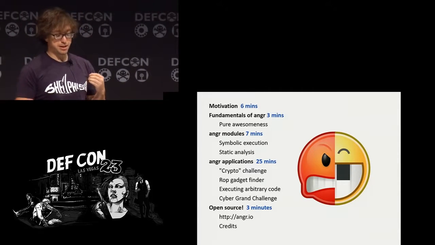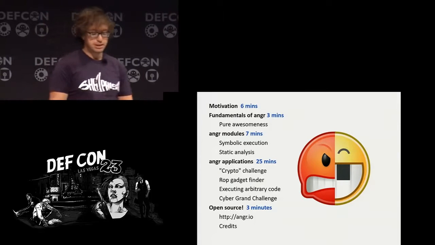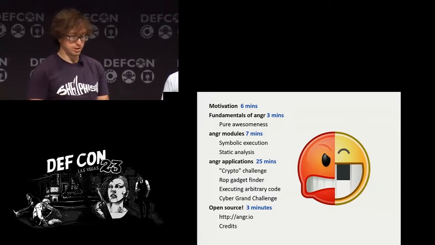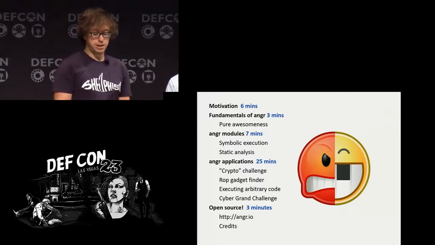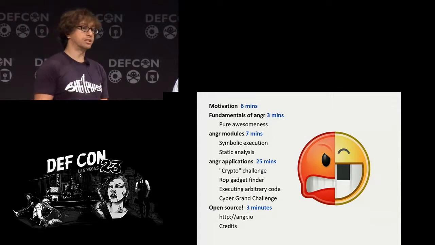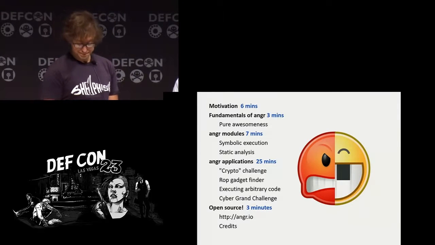Then we'll talk about what we designed it to do. We'll talk about the different parts of our analysis system. It's called angr. We'll talk about applications of it, show off some CTF challenge solving, or how it can assist in solving CTF challenges. And then we're going to talk about the open source release.